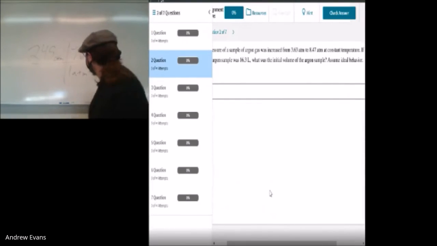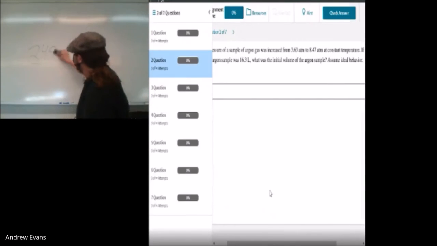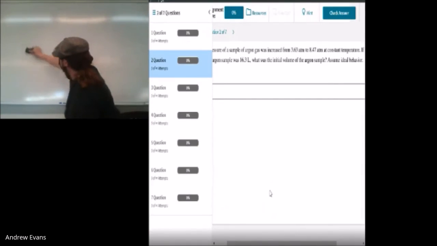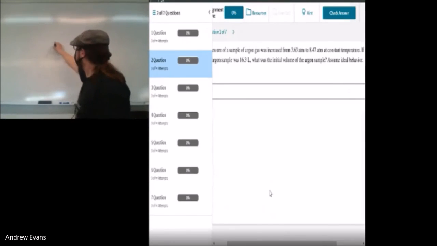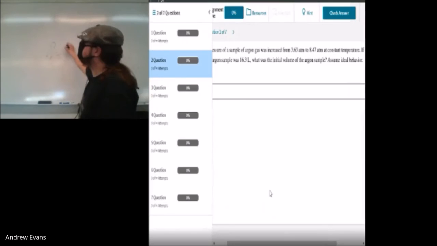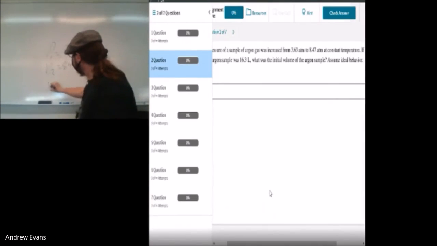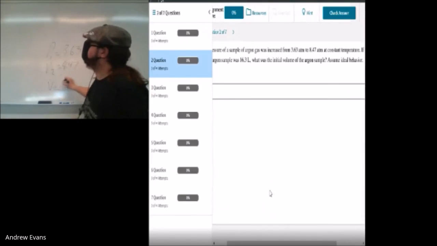So let's write down what we know. P1 is 3.63. P2 is 8.47. Then they say the V2 is 16.3.